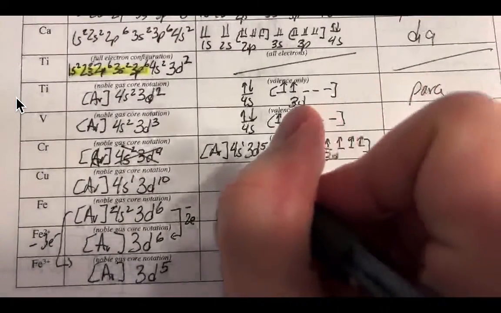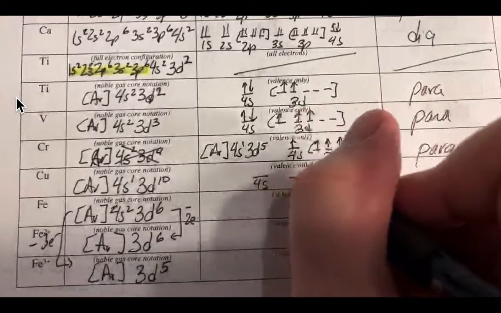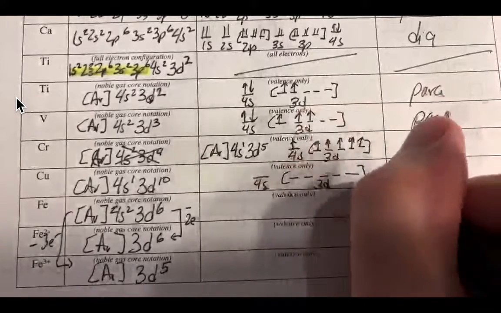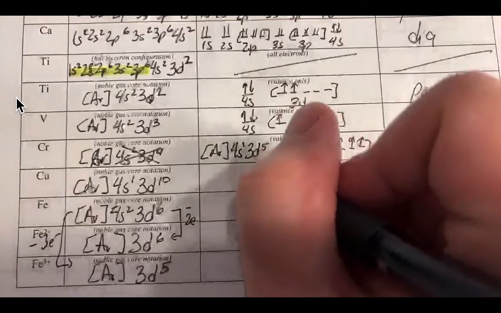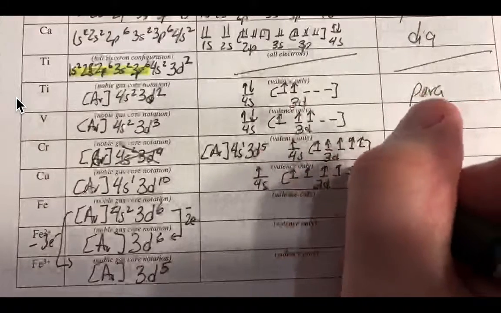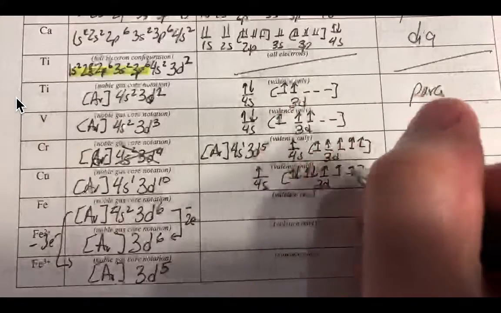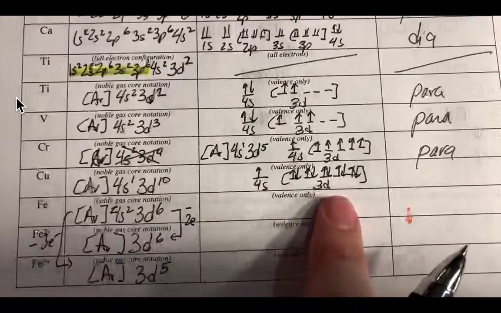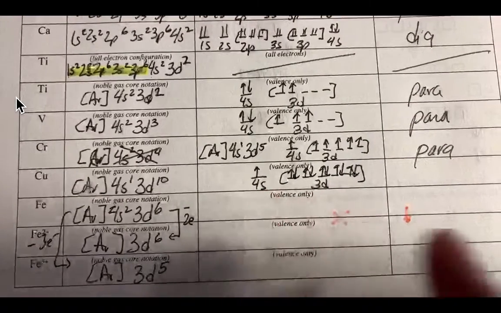Copper. Okay, 4s1, 3d10. It's kind of an odd duck because the 3D's all paired up, but you got an unpaired electron in the 4s.